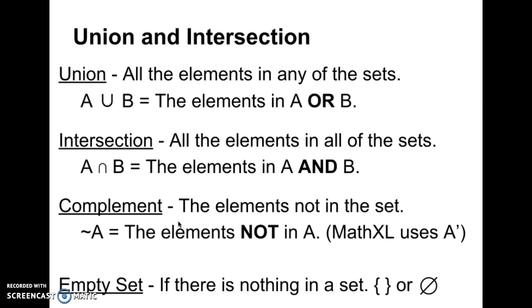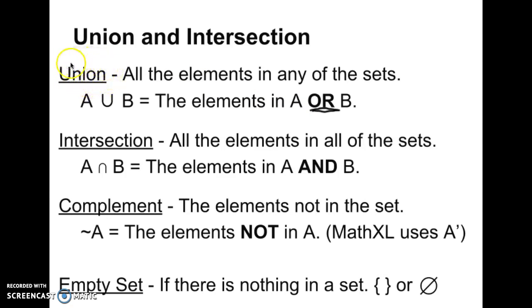And we have a few more symbols that we're going to talk about. So the first one is a union. And the union is a U. So this is my set A union B. And what that means is all of the elements that are in A or B. And the way I try and remember this is a union.